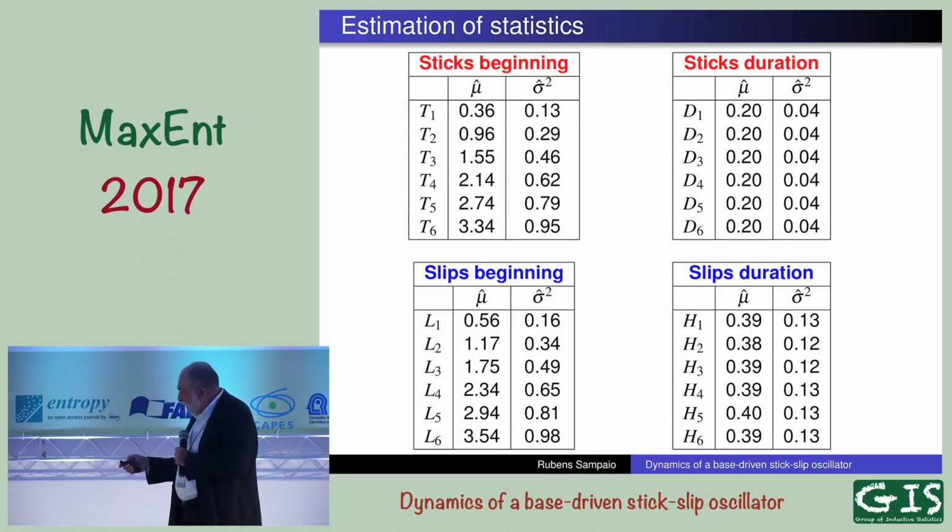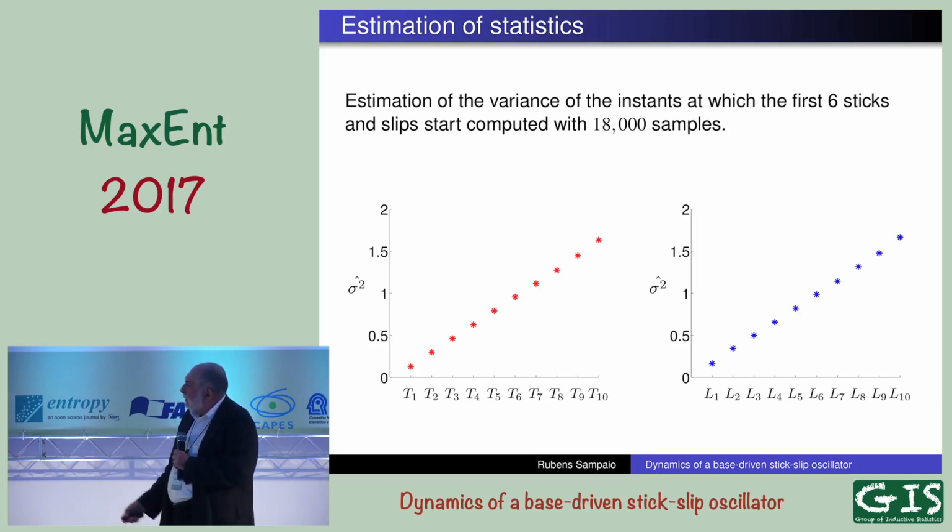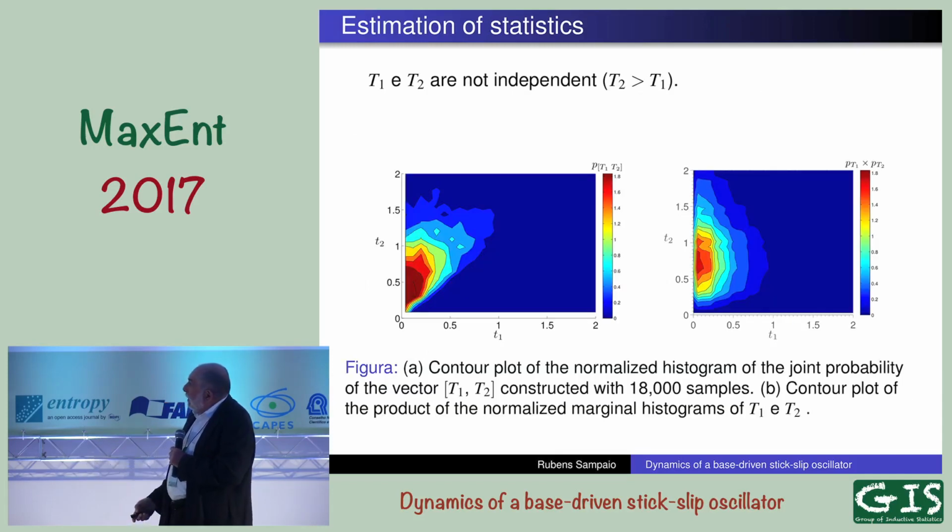So if we make a graph putting the instants of sticks, the first, the second, the third, the fourth, and so on, you see that's the thing. The same thing for the slips. It's clear that T1 and T2 are not independent.